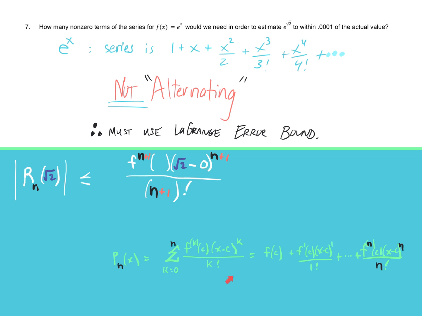And finally, the error bound is kind of the first neglected term, the first unused term, which is the n plus 1 term, except the Taylor theorem itself tells us that the remainder is exactly equal to this expression for some value of z between where we are centering it, which is 0, and where we're evaluating it in this case, which is the square root of 2.